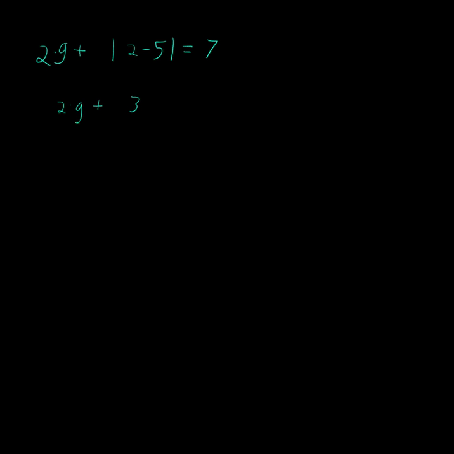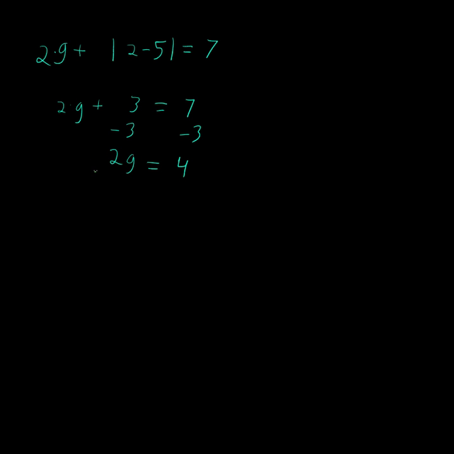So we would solve this: 2 times g plus 3 equals 7. We would really solve this like a regular equation. This is the first part of our step 1. We're just simplifying. So we've simplified the equation. Now we isolate our variable using the subtraction property, subtracting 3 from both sides. And so we get 2g equals 4.